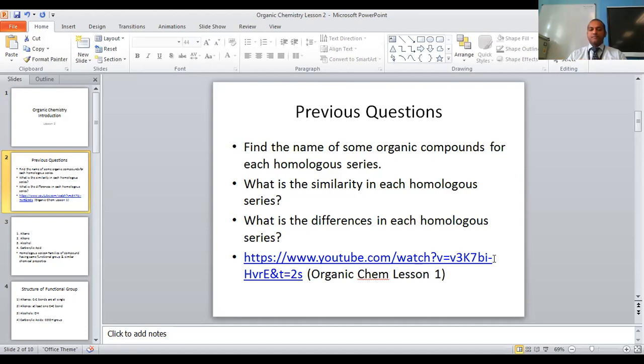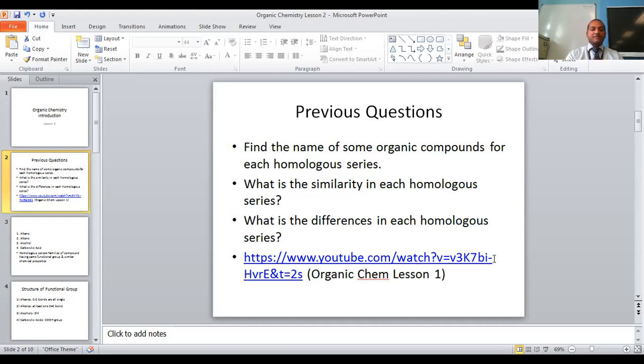Just to give you a clue, you can see the model here. 1 carbon with 4 hydrogen. All right, maybe by now some of you know this. This is methane. So this is an example of an organic compound. Methane is an example, and there are many more. So today we will learn most of them.